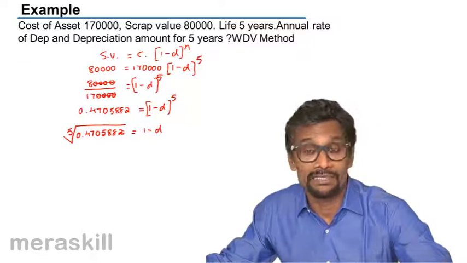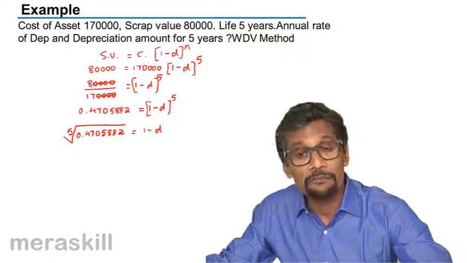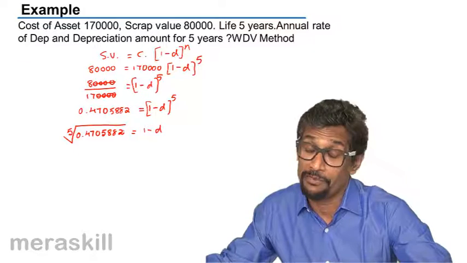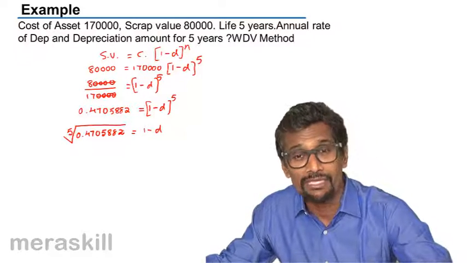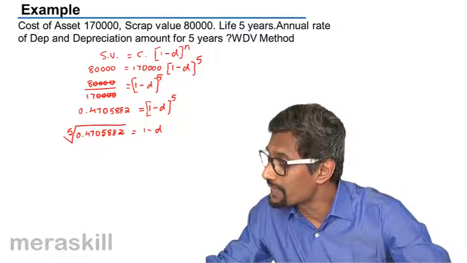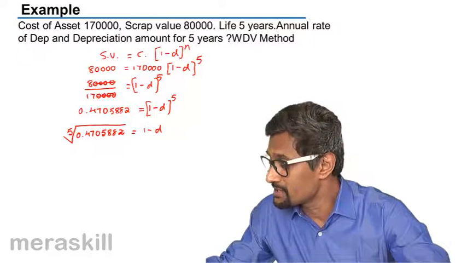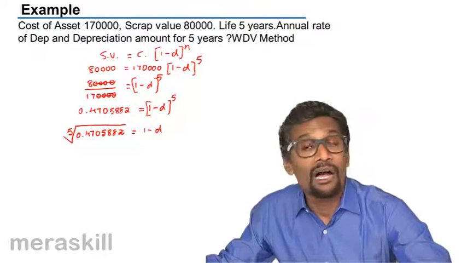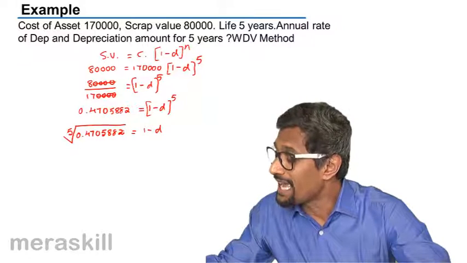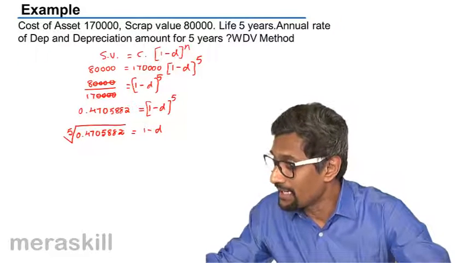Now, after getting this, since we have to find the fifth root, we'll divide by 5. If we have to find the seventh root, we divide by 7. So here, we divide by 5, right? Fine. After we divide by 5, we add 1.